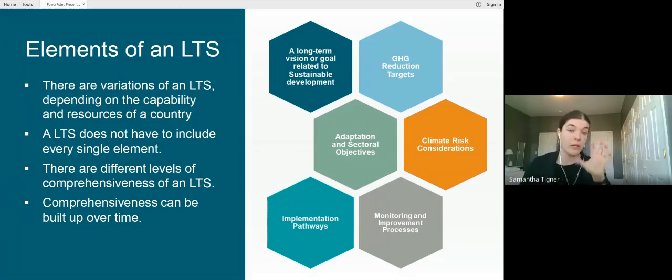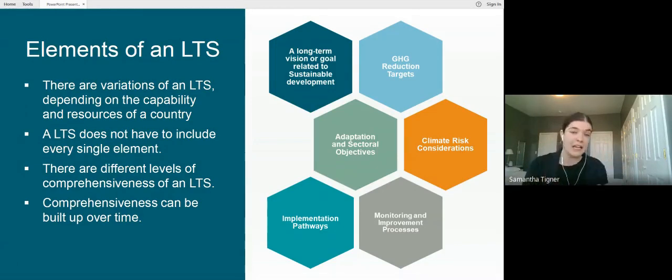We'll talk in much greater detail about climate risk considerations throughout the course of this training, but in the context of a long-term strategy, this can include specific callouts or policies that explain the importance of and attention required to address development in the context of climate change and the ever-increasing impacts we're seeing over time. But it also could just include specific references to a need to increase resilience or to address climate change writ large. So all of these are sort of high-level targets and goals and objectives.